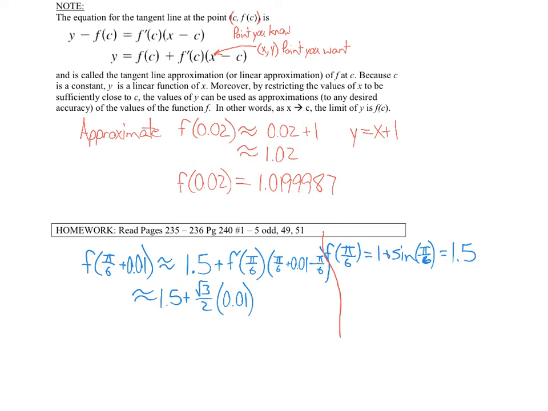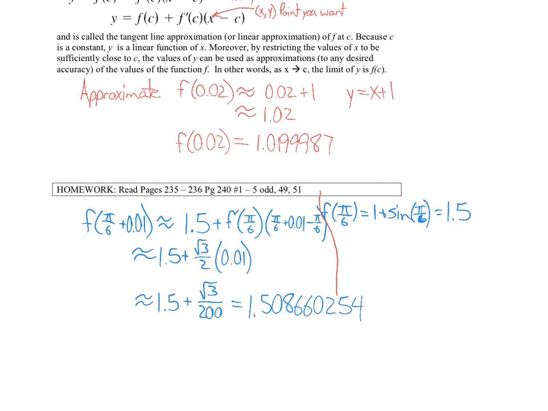That right there, this times one hundredth, is going to be root 3 over 200. 1.5 plus that will give me an approximate value of sine of x plus 1. As a decimal, that's 1.5086600254.